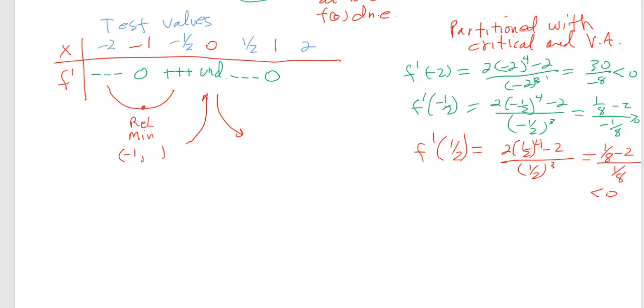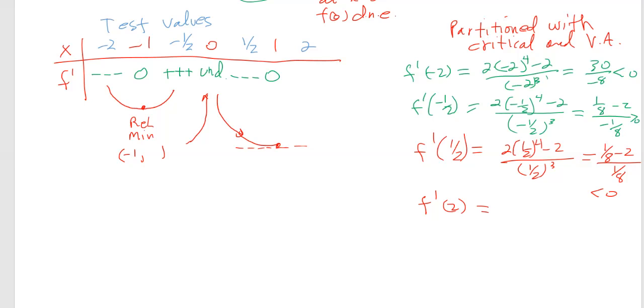Okay, so coming down, now we've got to test one more point, f prime of 2. Fact is, it comes down to 0. In other words, 0 slope. That's what this 0 means. So the question is, does it go back up, which would make this a relative minimum, or does it go down? So let's check.